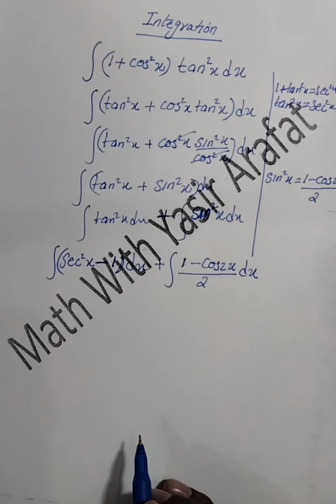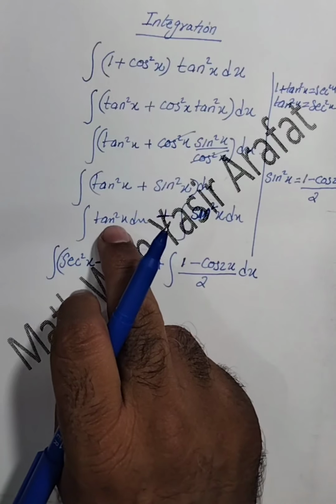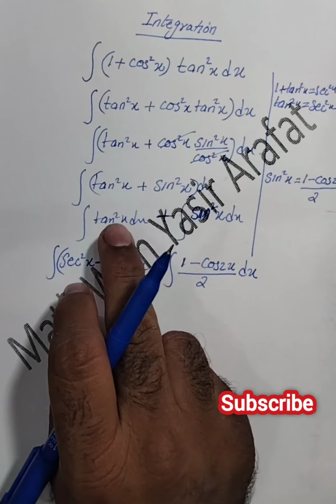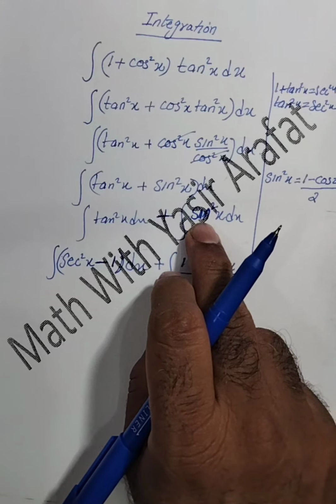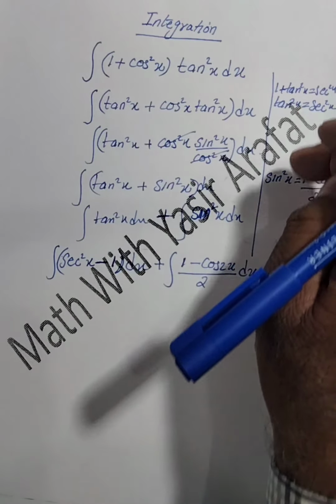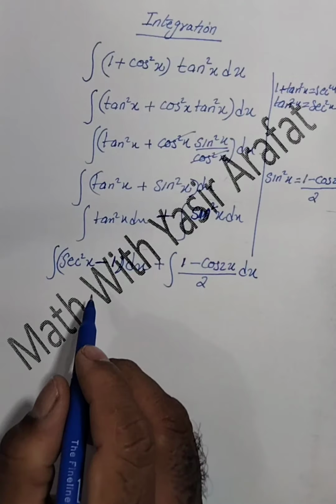We have to use the formula of tan²x because we don't have the direct formula of tan²x and sin²x. So we have to use these formulas here.